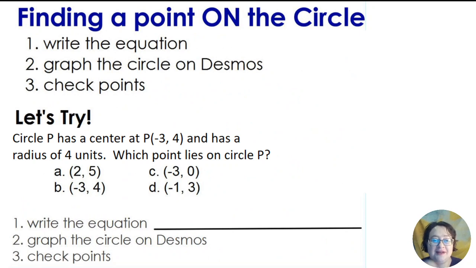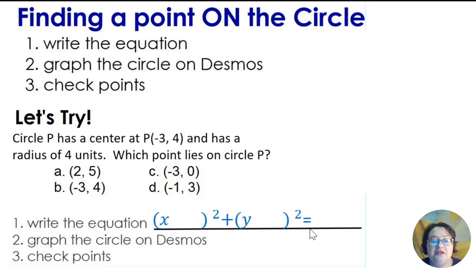So, moving on to finding a point on the circle. How we're going to do this is write out the equation, graph the circle on Desmos, and then we can check those points. So let's try one. Circle P has a center at negative 3, 4, and has a radius of 4 units. Which point lies on circle P? So we're going to write out our equation.